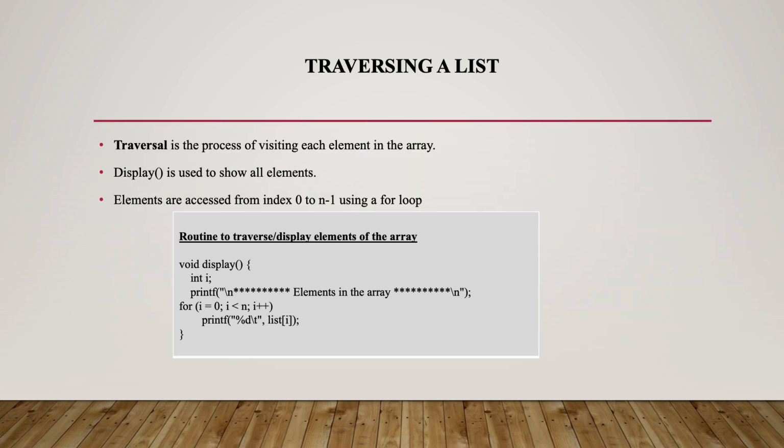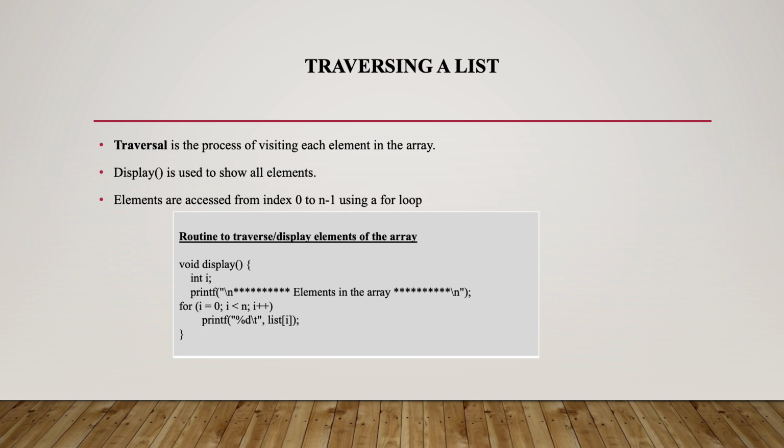So coming to the next, traversing a list. Traversal, as I said earlier, means simply visiting each element in the array exactly once, that means one by one.